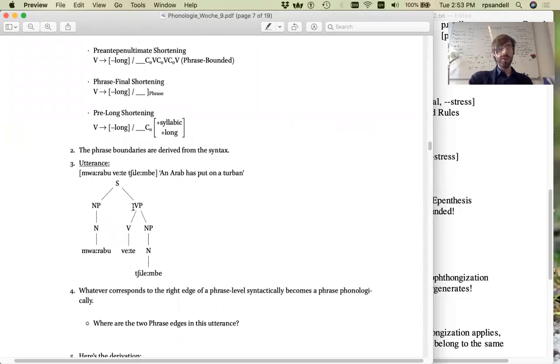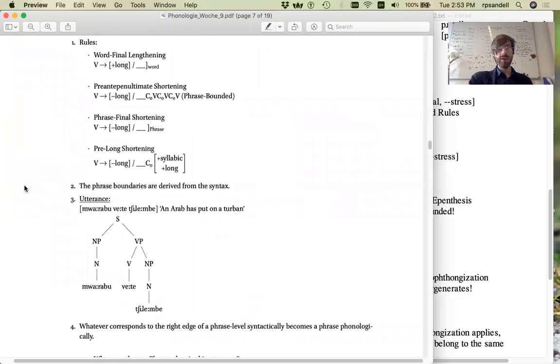So within this tree, we have 3 phrase boundaries. Within this sentence, there's a noun phrase, 2 noun phrases, the words warabu, an Arab, chirembe, a turban, and vete, the verb put on.